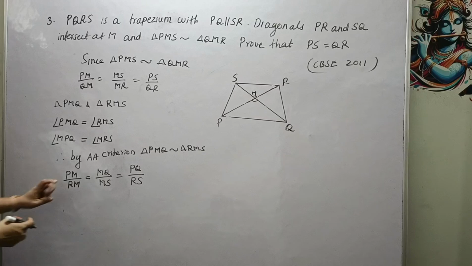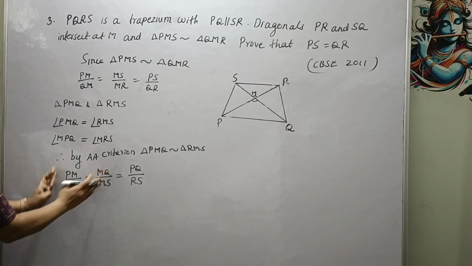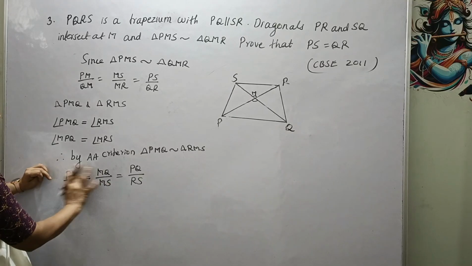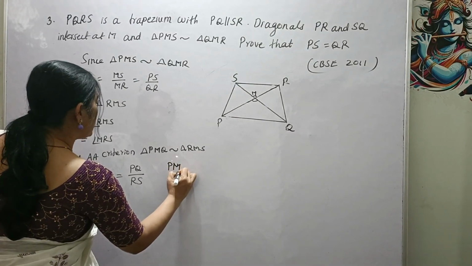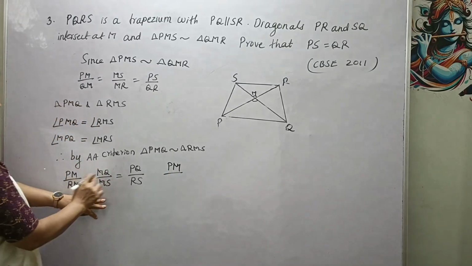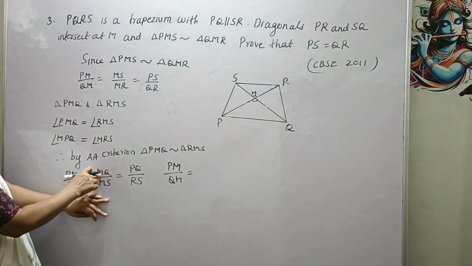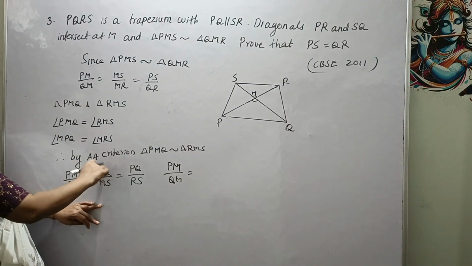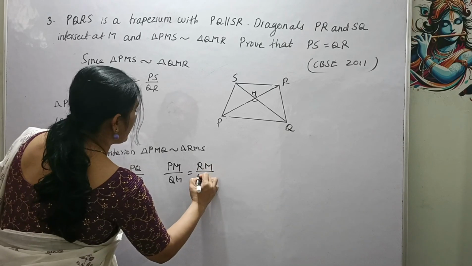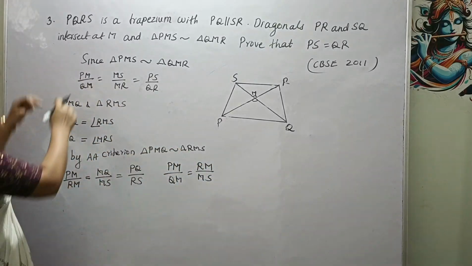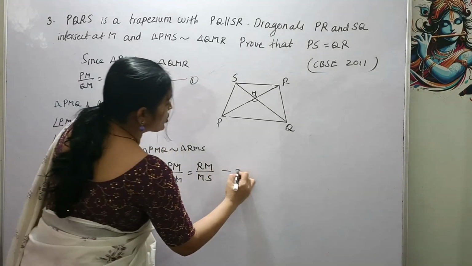Okay. Now, here we have PM by QM, right? So let's make PM by QM. Consider only these two terms. That is PM divided by QM is equal to RM divided by MS. So here PM by QM, let's take this as equation 1 and this as equation 2.